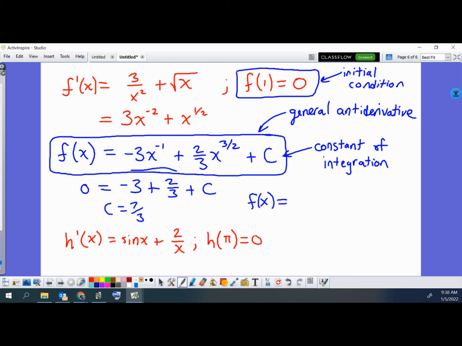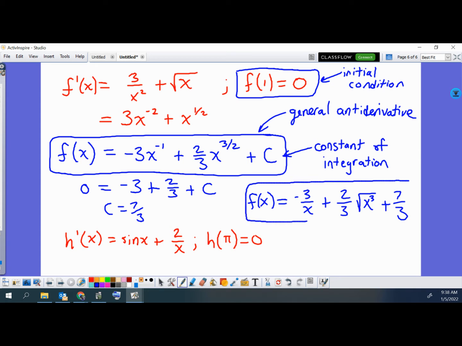You could leave it like this though. The power function format is fine. I mean, you want to plug in c, but you don't have to do what I'm going to do with the x's here. But I'll rewrite it as negative 3 over x plus 2/3 x to the 3 halves is fine. But again, I think it's good to just keep in mind what that means. I want to make sure you understand what all these powers mean. And then plus c, so plus 7/3. This is my particular solution.